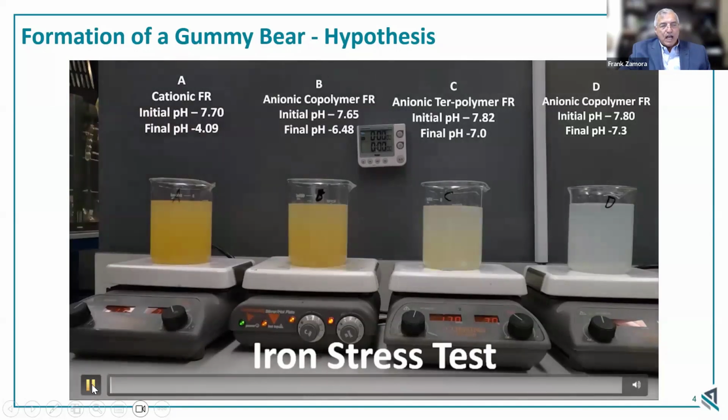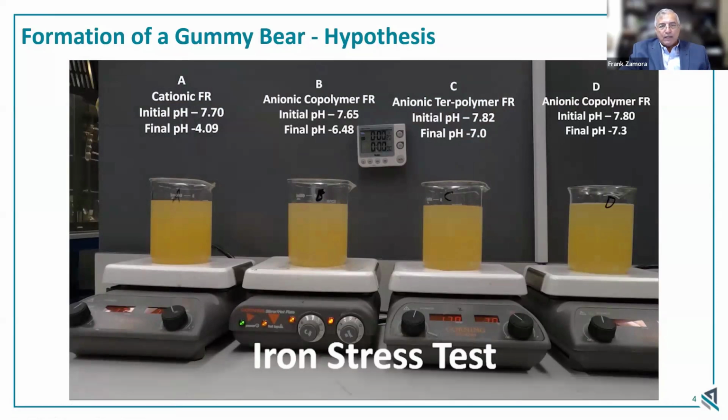As we go through this time lapse, after hydrating the polymer, we've added 50 parts per million iron chloride. This iron chloride is simulating the iron that the FR comes in contact with, which starts the causing of the gummy bear.